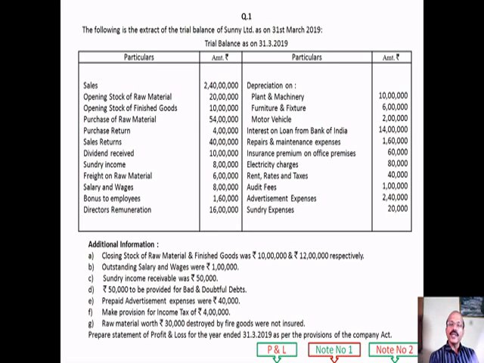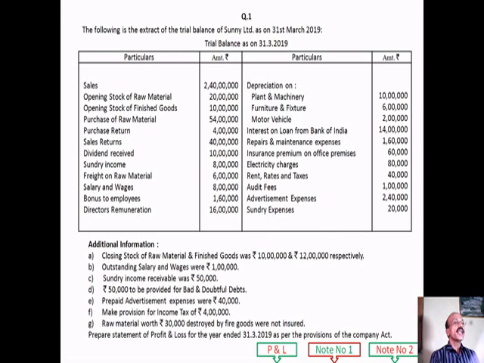But in a company final account, the sequence is very much fixed. Hence, you cannot change it. So in such a case, what we'll do, we will write down the items. We will first evaluate the items and jot down where to be charged this item in a profit and loss account. So let us do it.